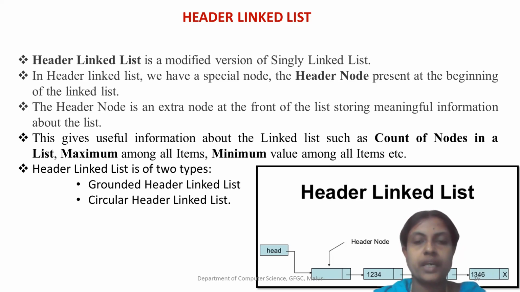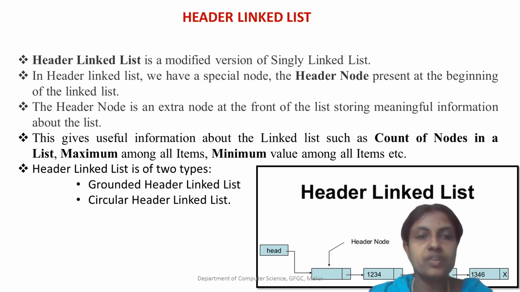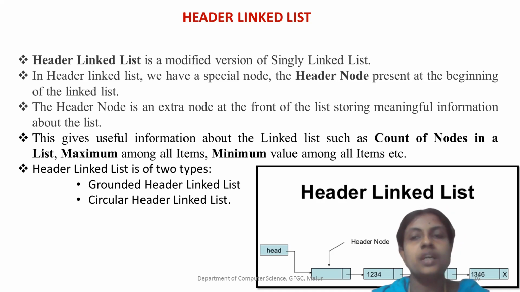So you can see in the diagram, head is given and that links to the header node. Then only the first node is placed. Why do we need this extra node? It is used for storing meaningful information related to the linked list. The header node is not used to carry data, but here we use it to maintain the count of nodes, the total number of nodes available.